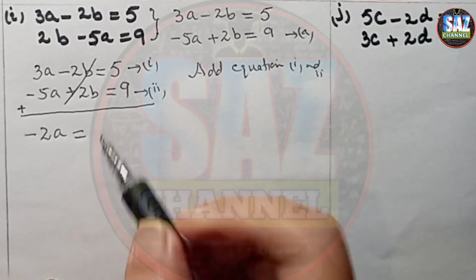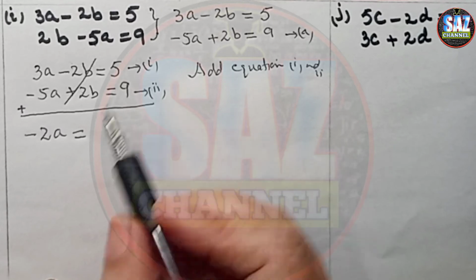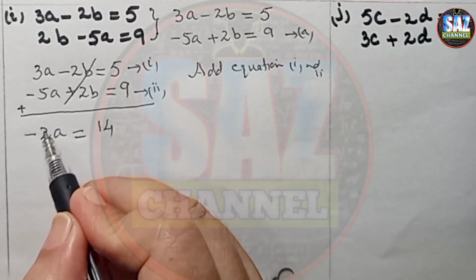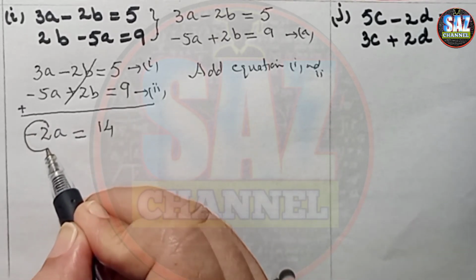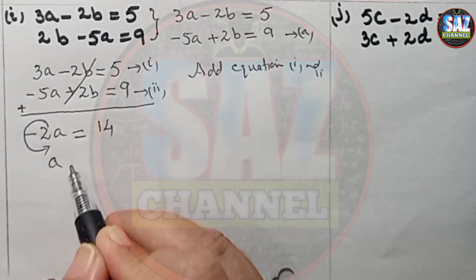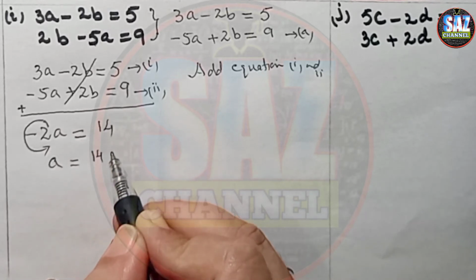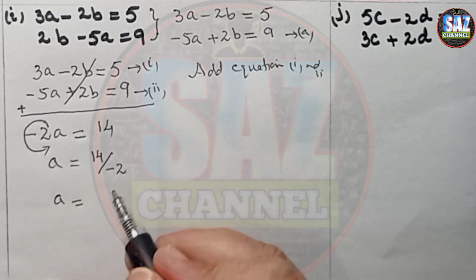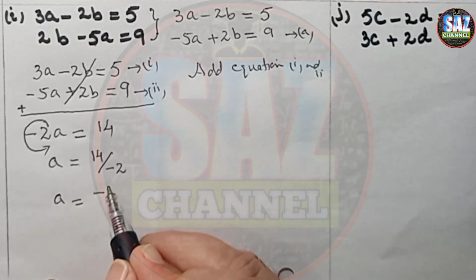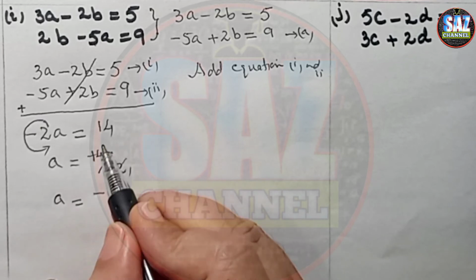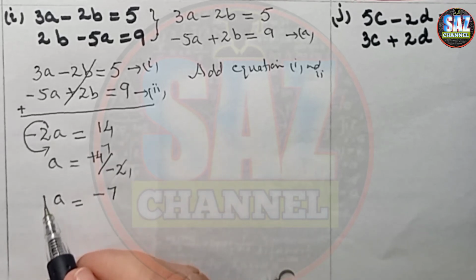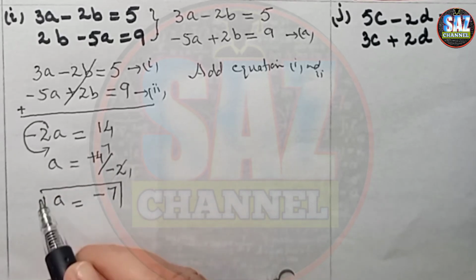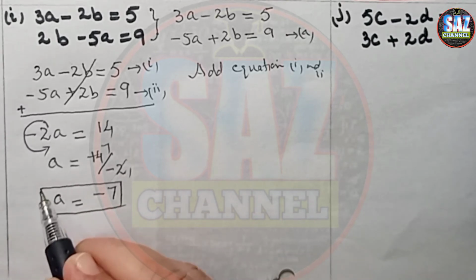So minus 2a equals 9 and 1 is 10, and 4 is 14. Now I have to shift this minus 2 to the other side. So a equals 14 by minus 2, or a equals minus 7. So the value of a that I am getting is a equals minus 7.